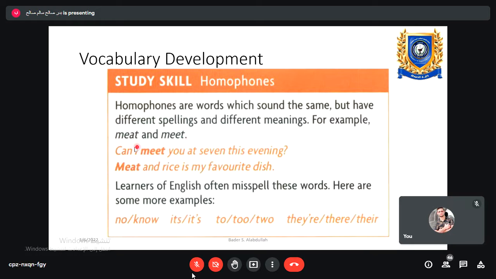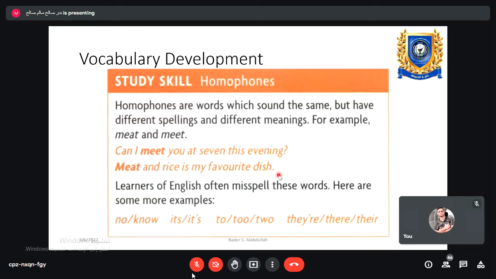Like in Arabic, meat means لحم, and this in Arabic means يلتقي. Examples on these: can I meet you at 7 this evening? Example on the other meat: meat and rice is my favorite dish.